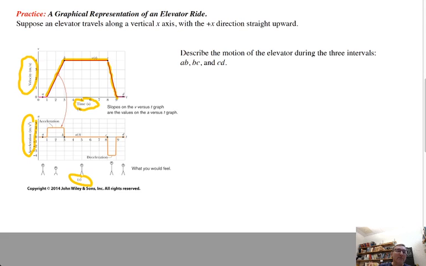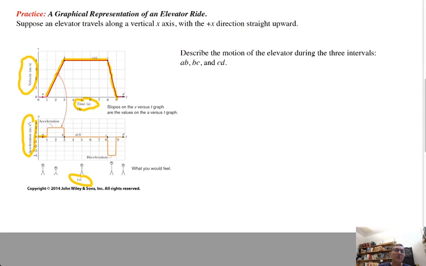So for example, on that first 1 second, when the velocity is 0, the velocity curve is flat, horizontal. So the tangent line is horizontal, but the slope of a horizontal line is 0, so the acceleration is 0. So sure enough, right down here, for the first second, the acceleration value is 0.